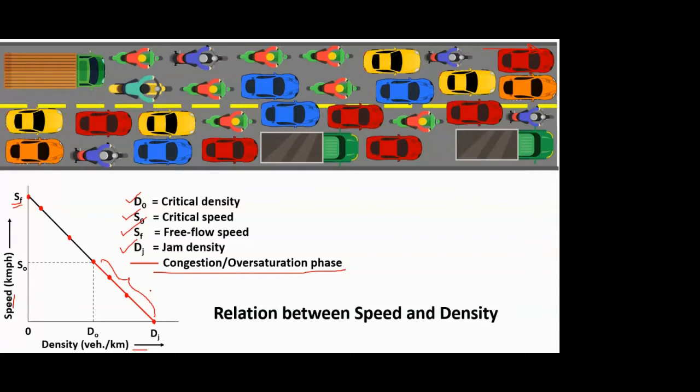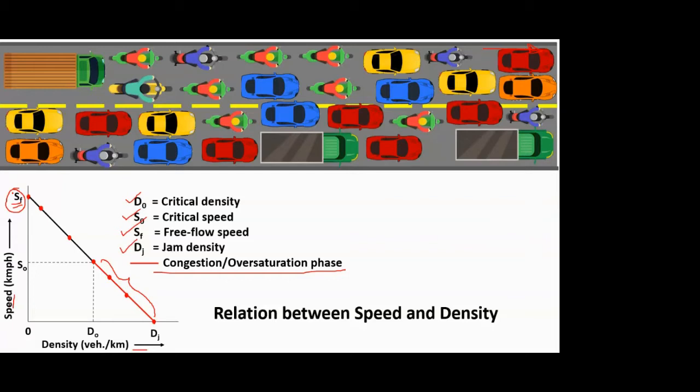Now, what actually are these terms? As I told you, the first point that we had considered is SF. This was the condition when you had no vehicle on your road, so the density was almost zero. If one vehicle has entered, then two, it's almost equivalent to zero.